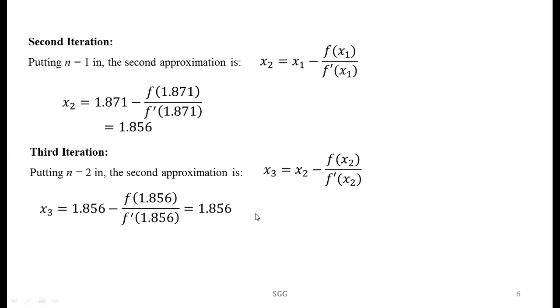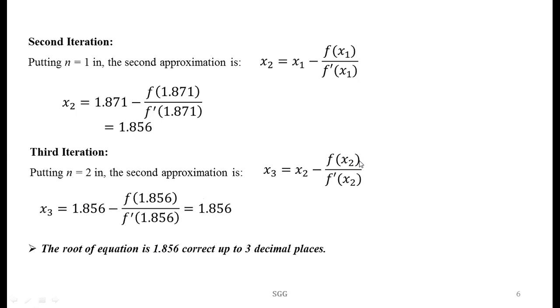Now, what has been said in the problem is to determine the root correct up to 3 decimal places. You can check that in the second iteration the root value is 1.856, and again in the third iteration the root value is 1.856. So we can stop our calculation, and the root of the equation is 1.856, which is correct up to 3 decimal places. Very simple method.